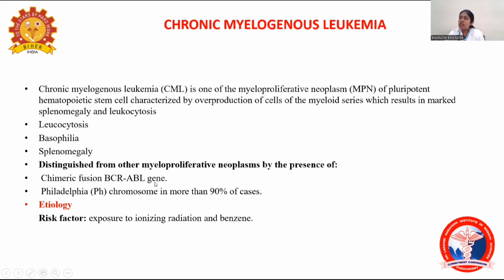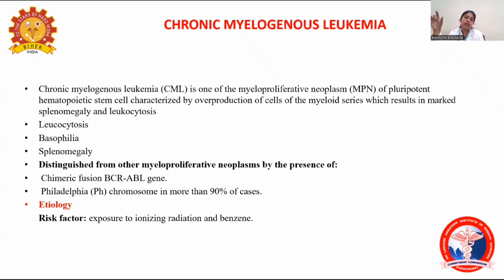I will tell you what the BCR-ABL gene means. As a result of chimeric fusion of the BCR-ABL gene, you will get a chromosome which is called the Philadelphia chromosome. So CML is characterized by the presence of the Philadelphia chromosome in about 90% of the cases.